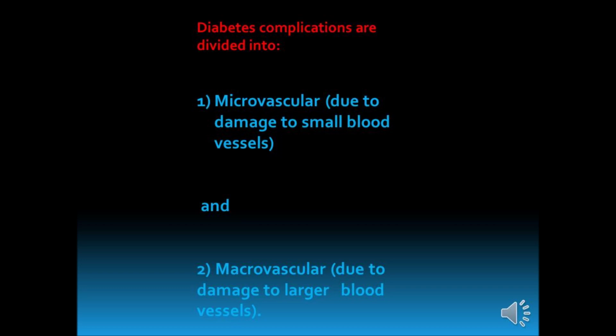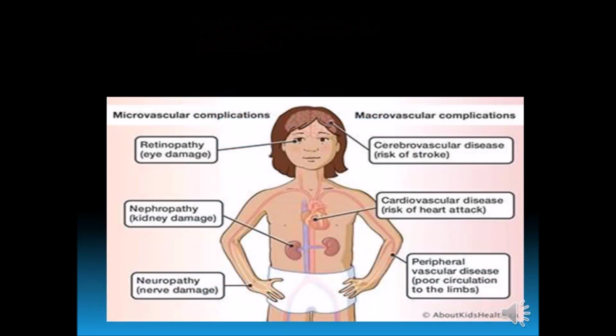Diabetic complications are divided into microvascular, meaning damage to small blood vessels, and macrovascular, meaning damage to large blood vessels. Micro means small, vascular means blood vessels, macro means large, and vascular again means blood vessels. So this figure here will definitely tell us what micro and macrovascular complications mean.